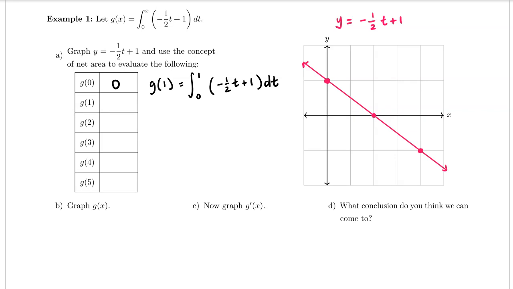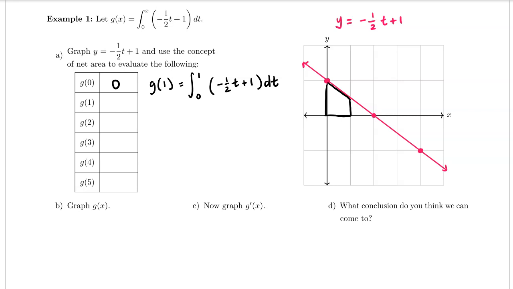So now let's go ahead and evaluate g(1). That means that we're calculating the definite integral of our function between 0 and 1. This means that we want to calculate the area underneath the curve between the x values of 0 and 1. So here is 0, and here is 1, and I want to find the area underneath the curve of this shape. Now, this shape is a trapezoid, so we could find the area by thinking about it as a trapezoid.